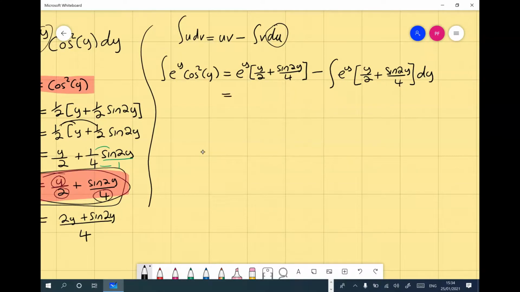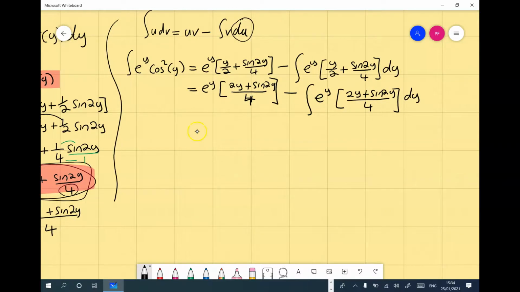So rewriting this, I've got e to the power of y multiplied by 2y plus sine 2y over 4. I'll leave that, I don't want to mess with that. I can change that at the end if I need to. Minus the integral of e to the power of y times 2y plus sine 2y over 4 dy.